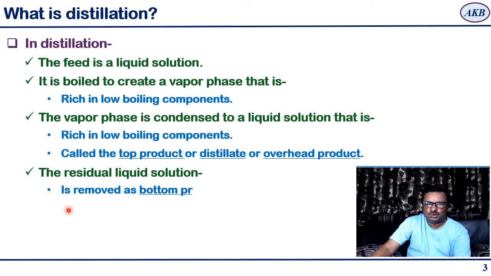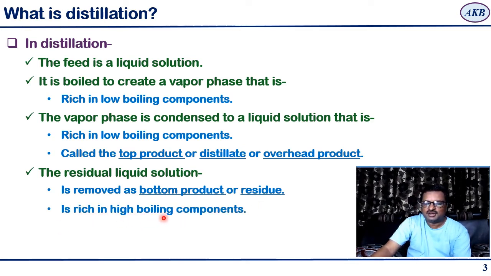The residual liquid solution is removed as the bottom product, or it is also called the residue, and of course it will be rich in high boiling components, because the majority of low boiling components go into the vapor phase, and when the vapor phase is condensed, they go into the distillate. Whereas the majority of high boiling components remain in the residual liquid solution, which is the bottom product or the residue.